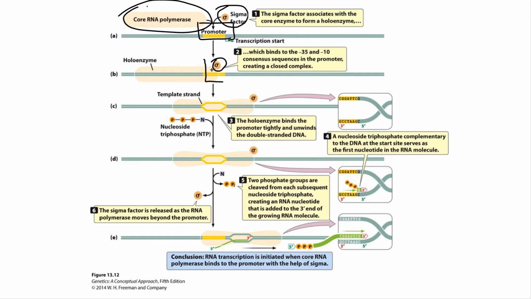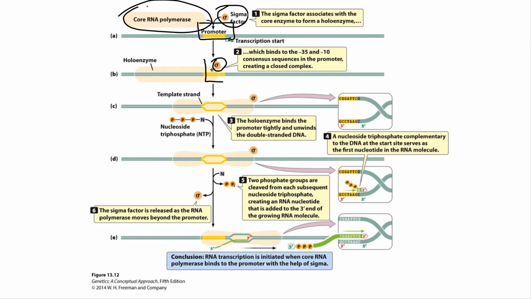So upon this proper positioning, which is enabled by sigma factor, a nucleoside triphosphate, which is complementary to the DNA at the start site, is added to the template, followed by cleavage of two phosphate groups, which creates an RNA nucleotide, which will be the first nucleotide of this newly synthesized RNA, which will form the 5' end of the RNA.